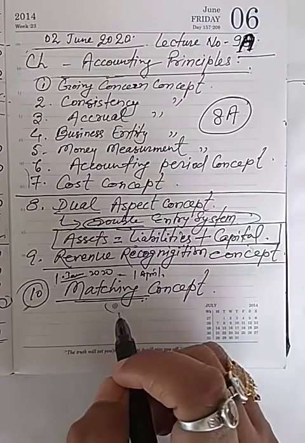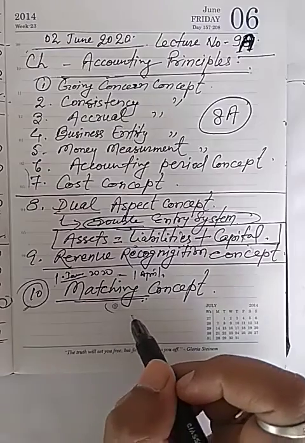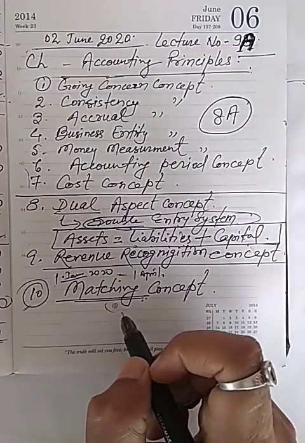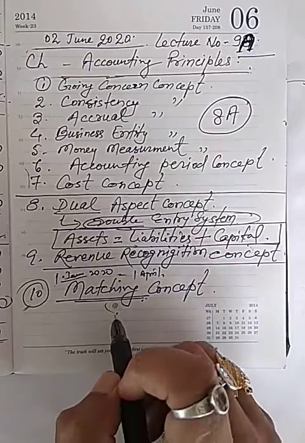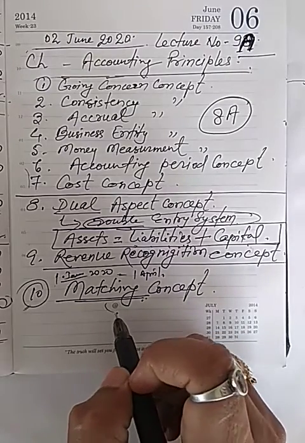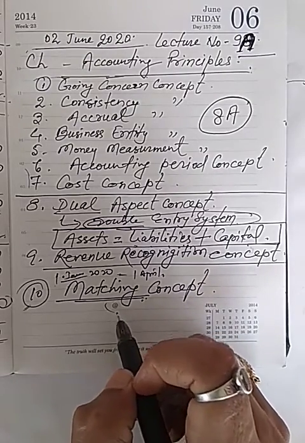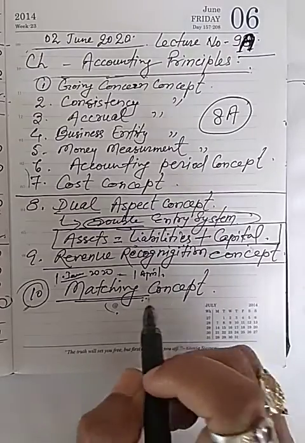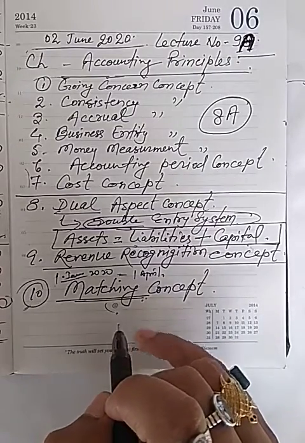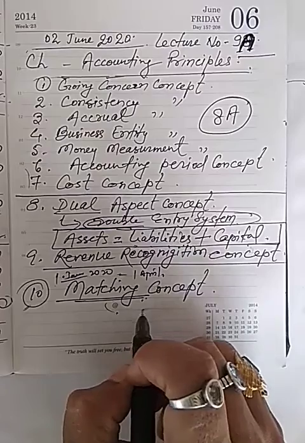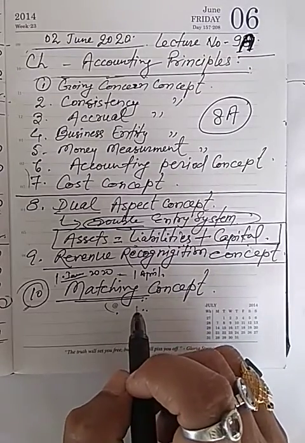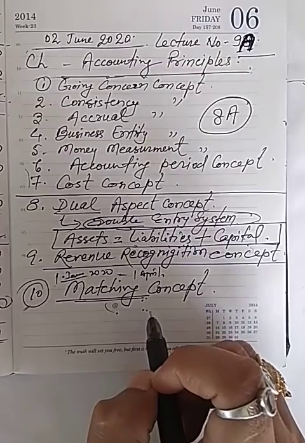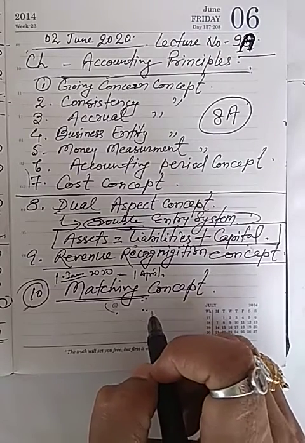When an item of revenue is included in the profit and loss account, all expenses incurred on it, whether paid or not, should be shown as expenses in the profit and loss account on the basis of this principle.